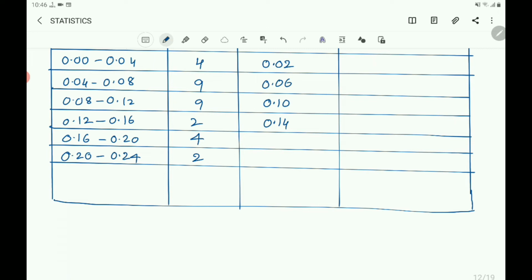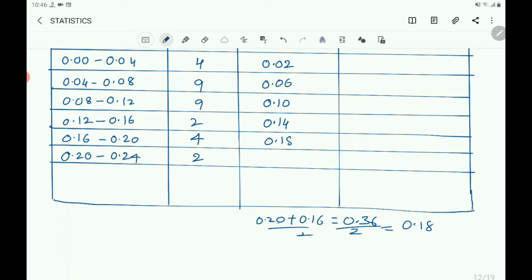Next you will get 0.18, that is plus 0.04 to this 0.14, or otherwise 0.20 plus 0.16, so you will get 0.36 by 2, that equals 0.18.